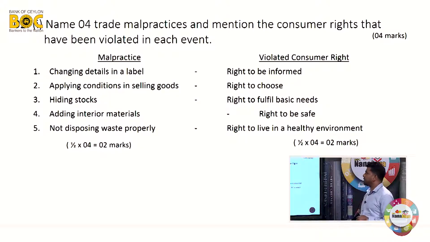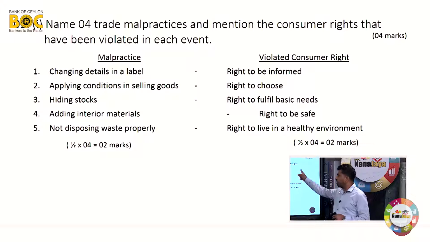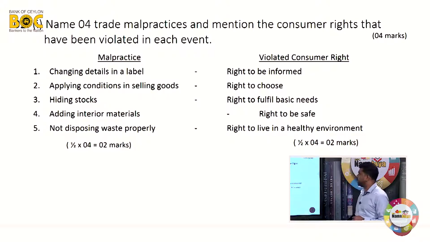Change in details in a label: that violates the right of getting information, that is the right to be informed. Applying conditions in selling is a barrier for the selection of goods according to the customer's wish. The right to choose is violated through that malpractice.